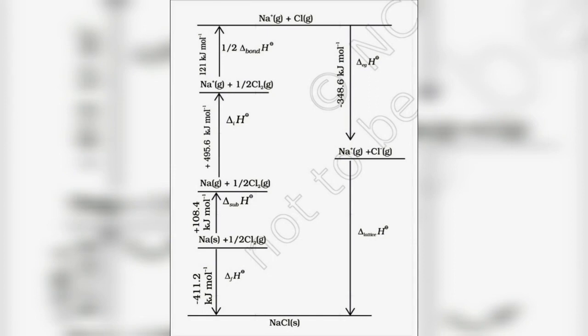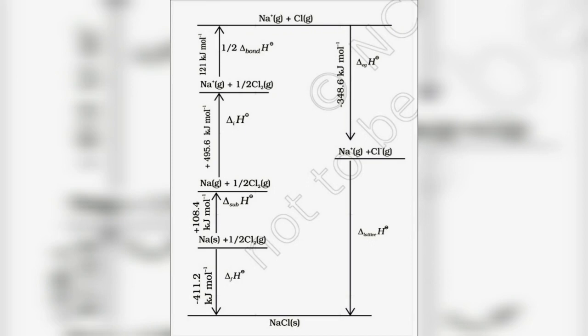From half Cl2 you need to dissociate the bond and make it atoms. It is a molecule now, Cl2, so you need to dissociate it into atoms. For that you use bond dissociation enthalpy, and that value is given as 121 kilojoules per mole. Then you will get Na plus and Cl atom in gaseous state.